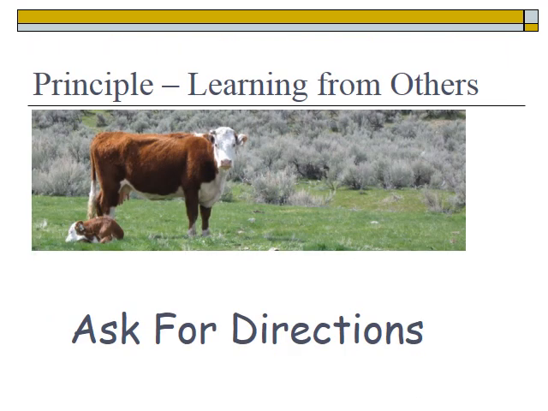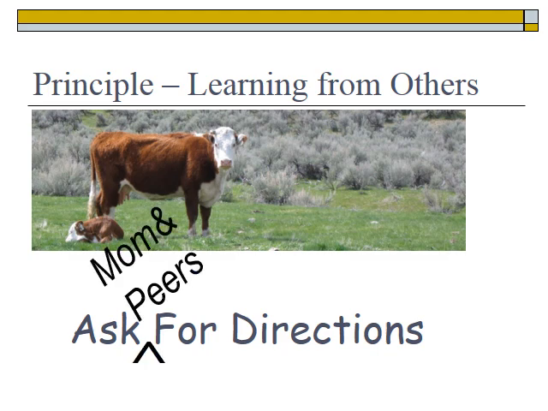Here's another really important principle about how animals know what to eat and what to avoid. That is to learn from others. Lambs, calves, does, fawns, they are born into multi-generational groups. They're gregarious animals. So step number 1 to figuring out what to eat is ask for directions. It turns out the most important animals to ask for directions are your mother and your peers.